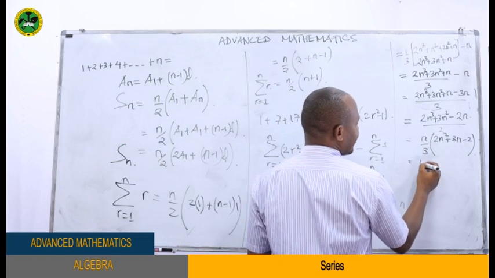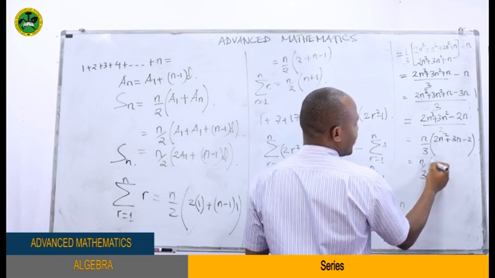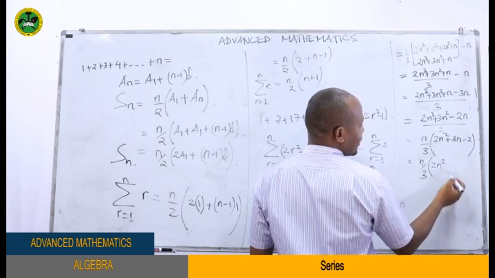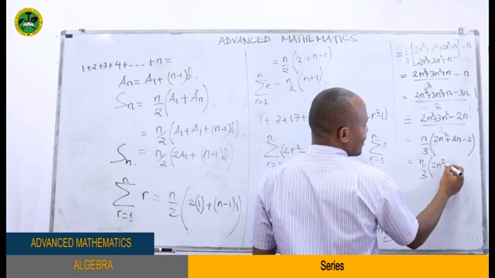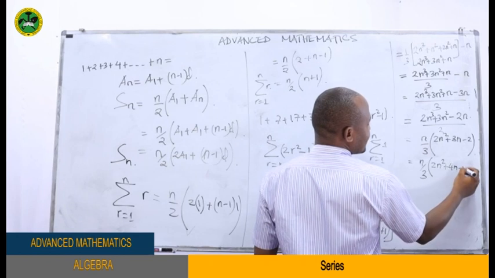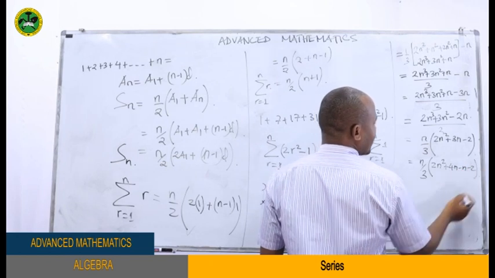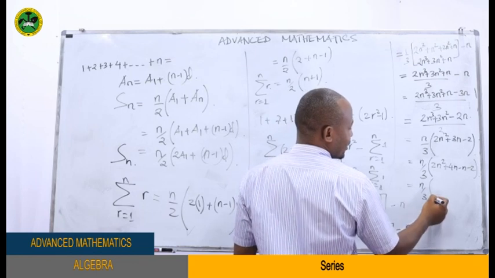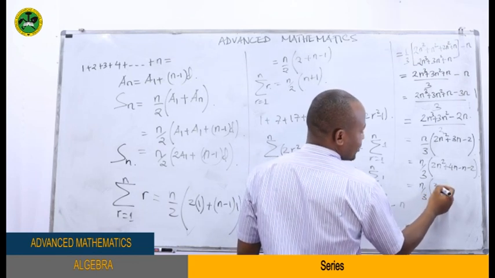And we can simplify that by, then it will be n over 3. And then there will be 2. The factors, the numbers are 4n minus 2. I do hope you understand that. n over 3. Then we can factor out 2.